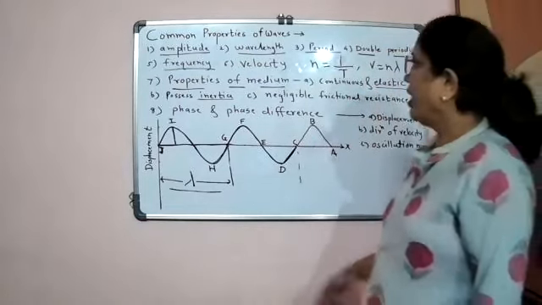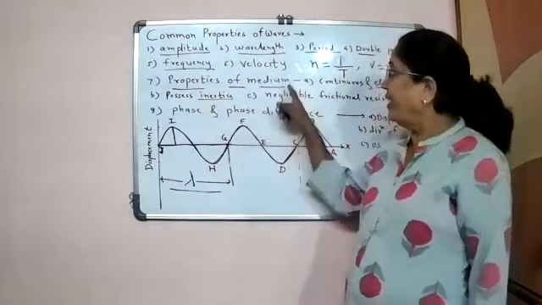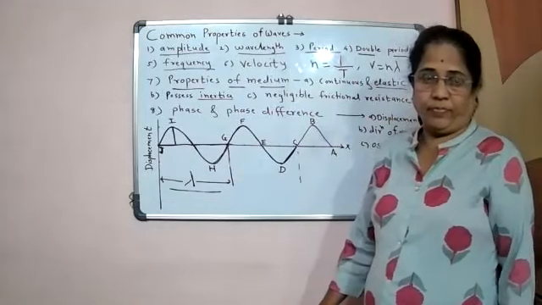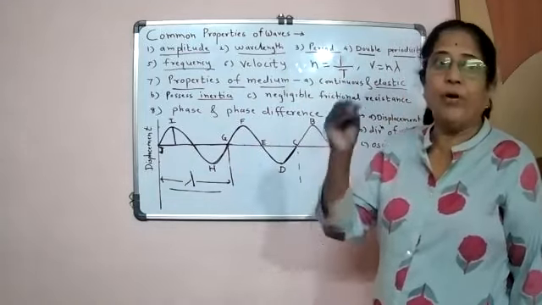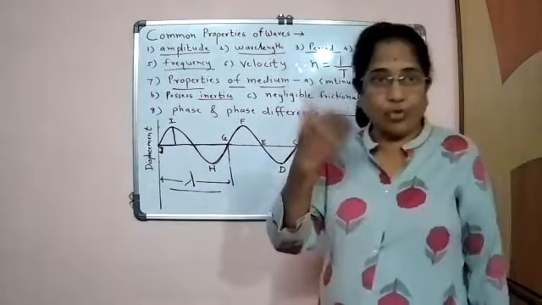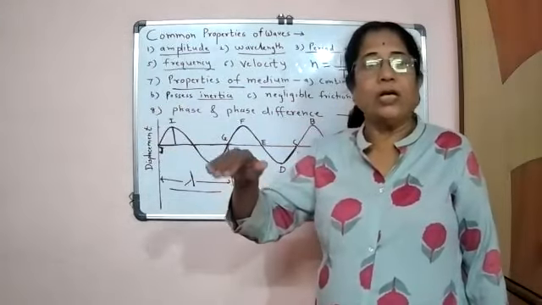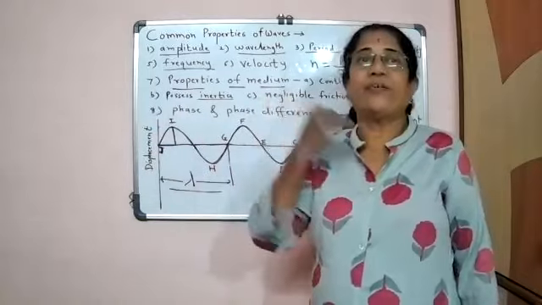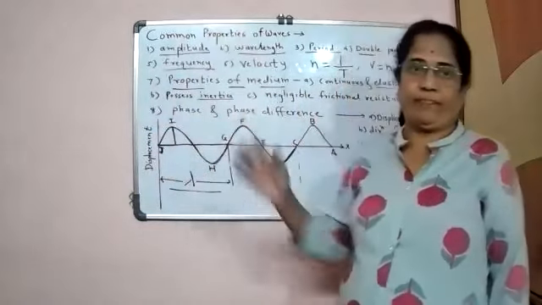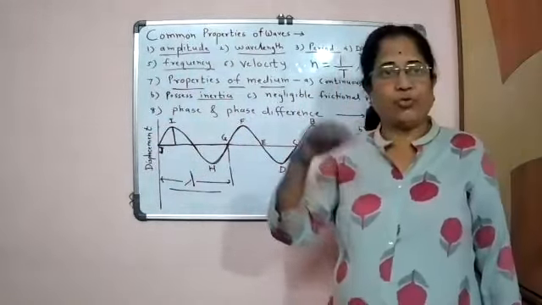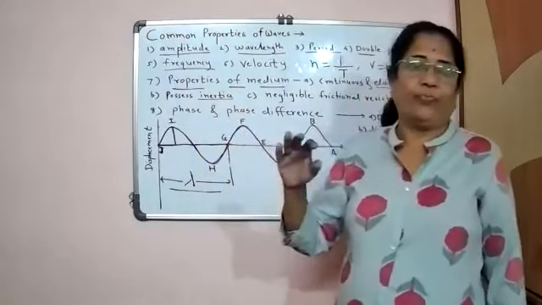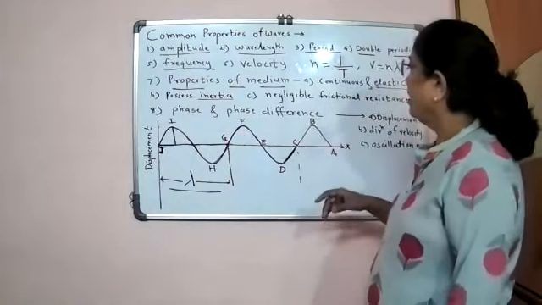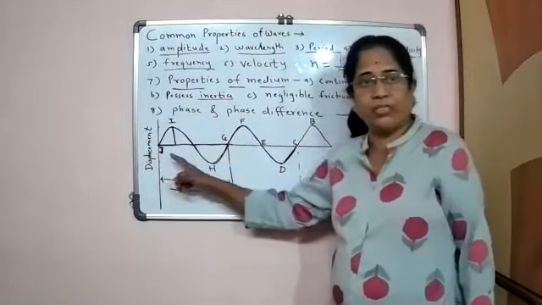And now we are going to see what properties the medium should possess, the medium through which the wave is propagating, the wave is traveling. म्हणजे असे मीडियम ज्याच्यामधून वेव्स पुढे जातात, त्या मीडियमला कोणत्या प्रॉपर्टीज पाहिजे बघा बरं.